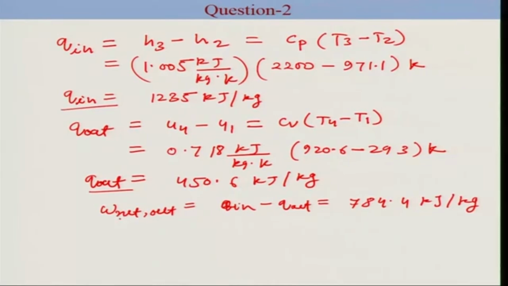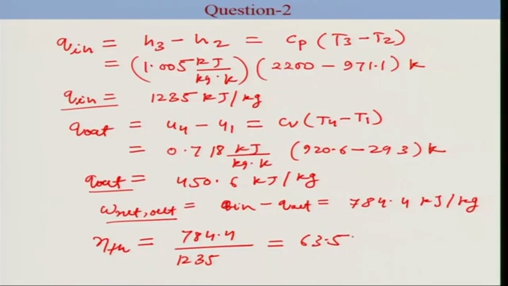Since we know W net out, now we can calculate the thermal efficiency of the cycle, which is 784.4 upon 1235. Okay. So from here we get 63.5%.